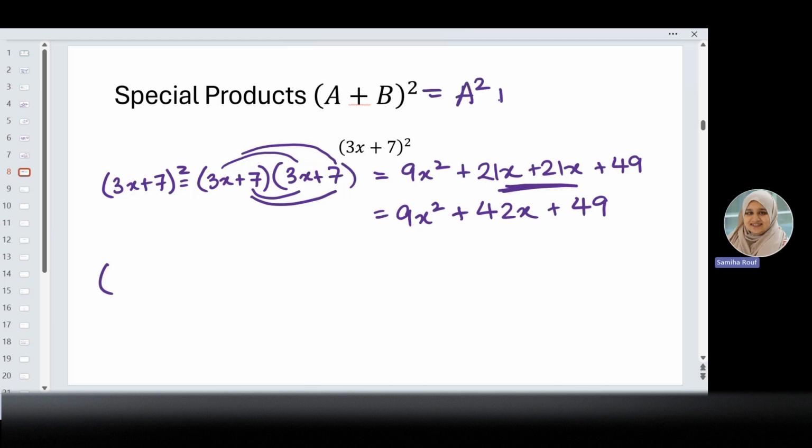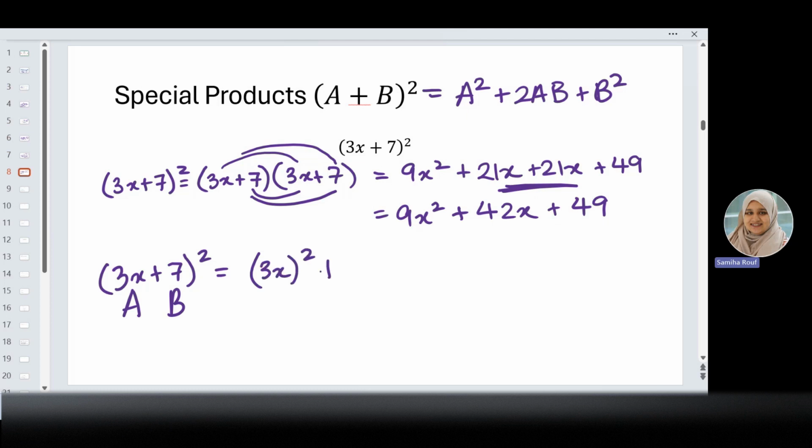However, if I want to use the formula, I'll write it up here. The formula states A squared plus 2AB plus B squared. So what does that tell me? Well, here the A is the 3x and the B is the 7. So I'm going to end up with 3x squared plus 2 times 3x times 7 plus 7 squared. Well, this is 9x squared.